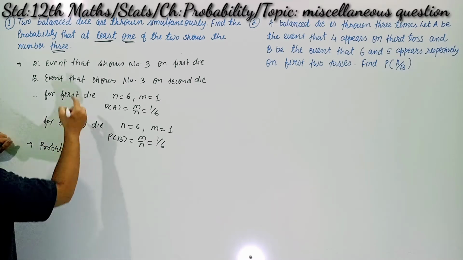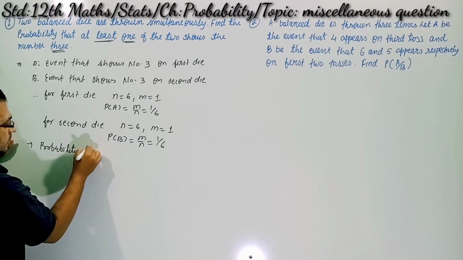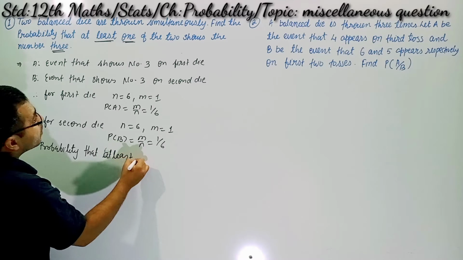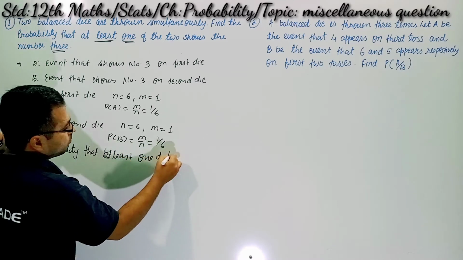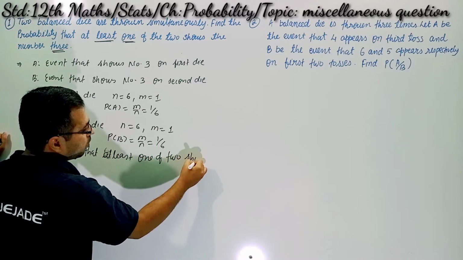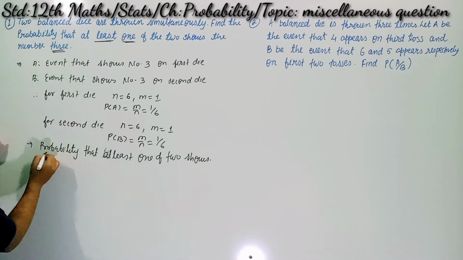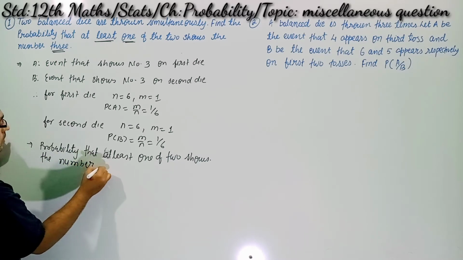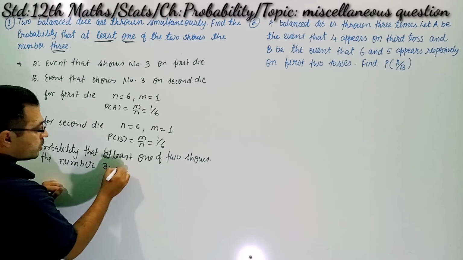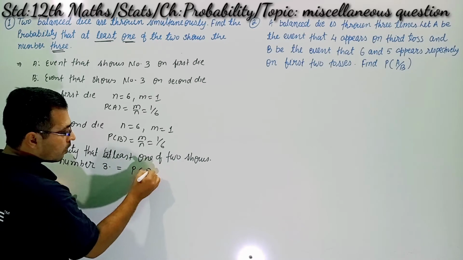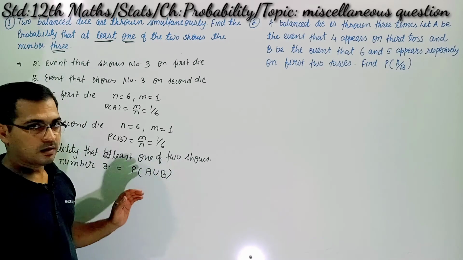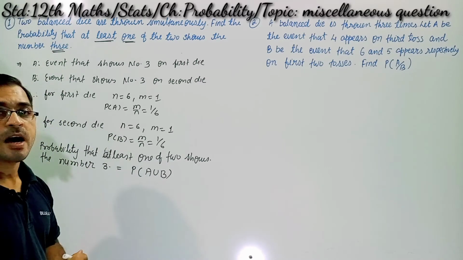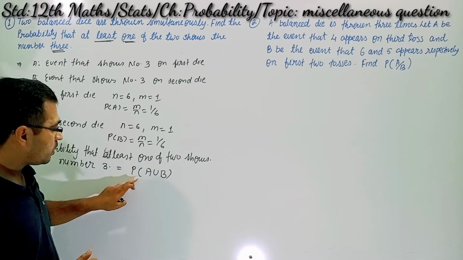The probability that at least one of the two shows the number 3. It means students, we want to find the probability of A union B. Collectively from both, at least one die should show 3. Right students?